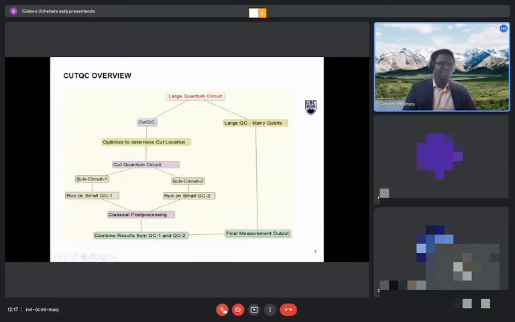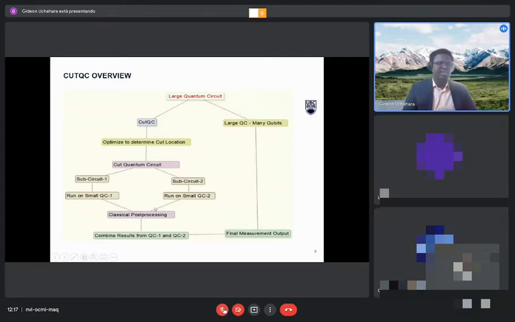Let's say you split the circuit and it resulted in two subcircuits, the first subcircuit and then the second subcircuit. You can take them individually, run them through your quantum device, and get the measurement for each.